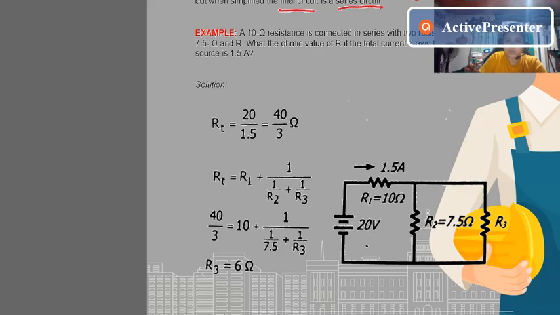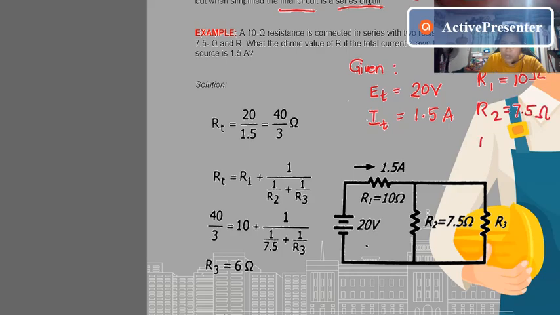So, first, we need to write our given. Naghatag siya E total which is 20 volts and naghatag siya og current which is 1.5 ampere. So for our R1, we have 10 ohms and our R2 is 7.5 ohms and therefore our unknown is R3.